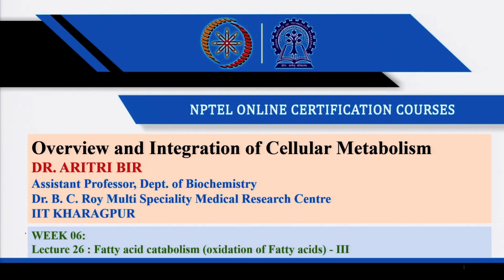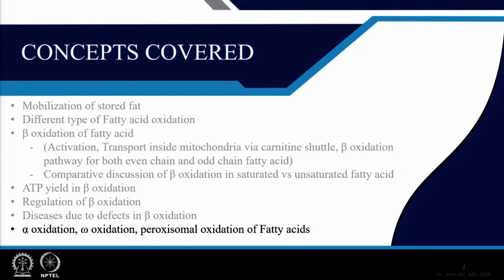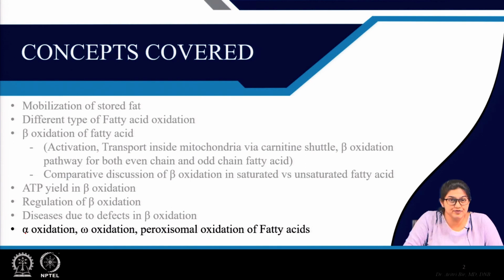So, we were in the discussion of fatty acid catabolism, mainly the oxidations of fatty acids. The topics which we have already covered are the different types of fatty acid oxidation.